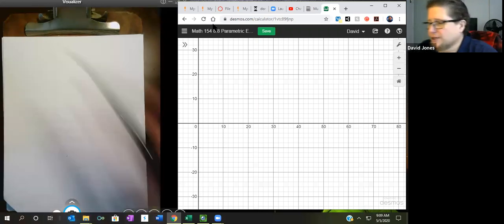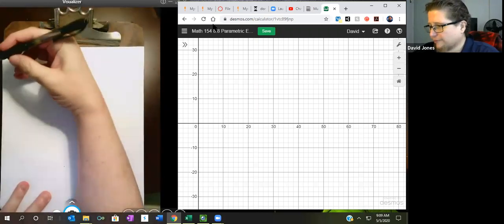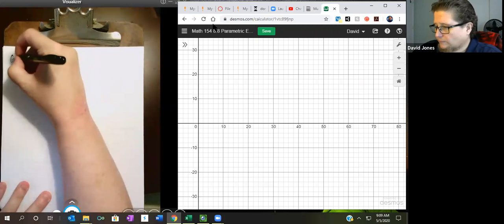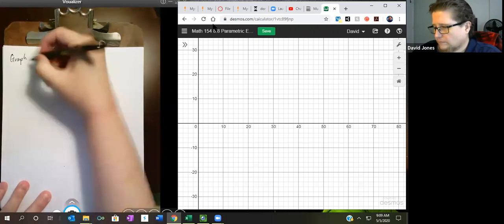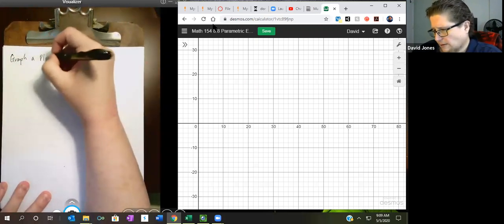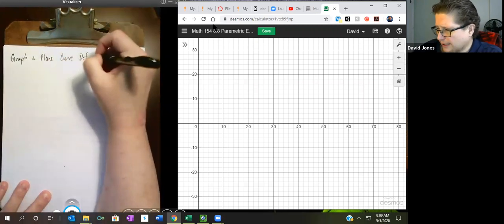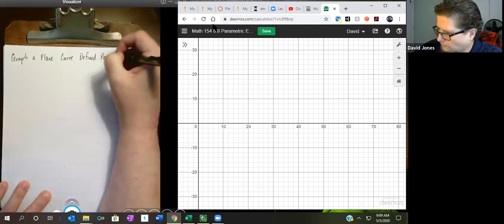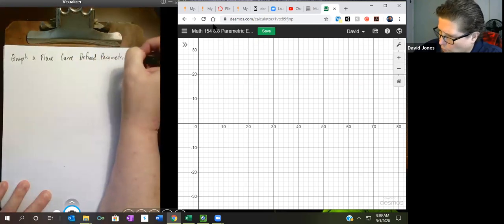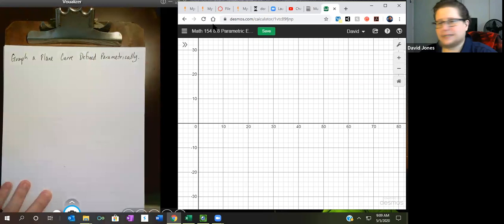The first thing we're going to do is graph a plane curve defined parametrically. We're going to do it by hand first, and then I'll show you in DESMOS.